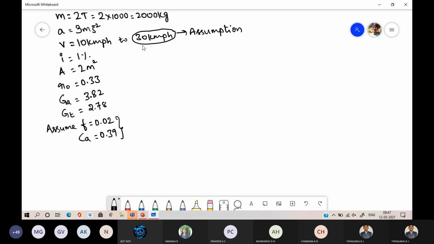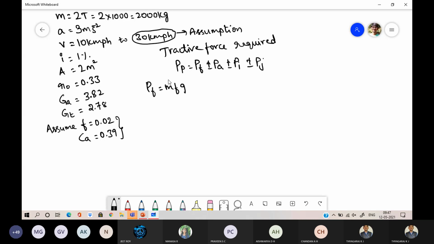First write the tractive force required. So PP is equal to PF plus or minus PA plus or minus PI plus or minus PJ. Rolling resistance: PF is equal to MFG.